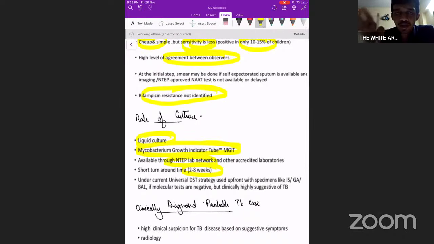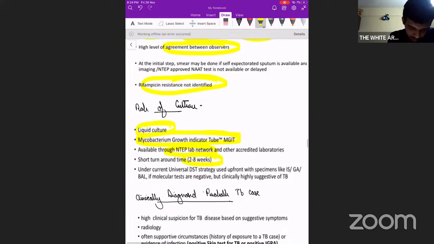One is you end up starting it as clinically diagnosed TB, but over there, we are still not able to confirm, and our present NTEP guidelines recommend universal drug sensitivity testing, correct? So we are not able to know whether it is sensitive to the rifampicin which we are using or not, correct? So in that condition, we can send it for culture as well. So that is what this sentence tells.